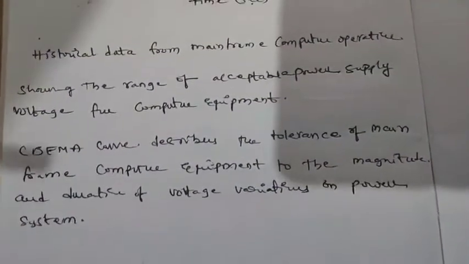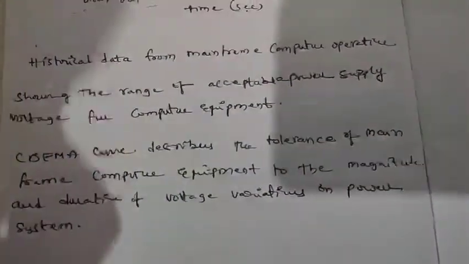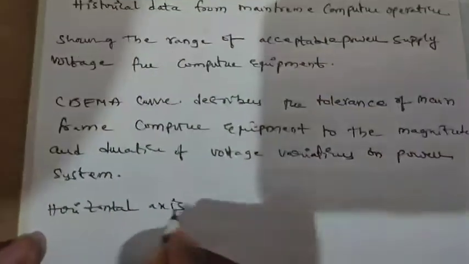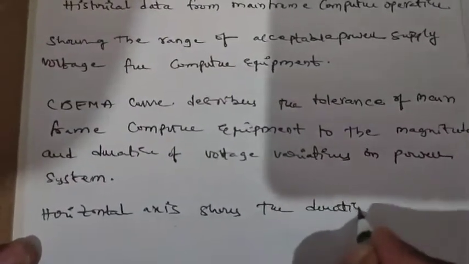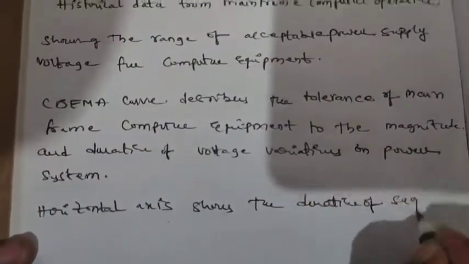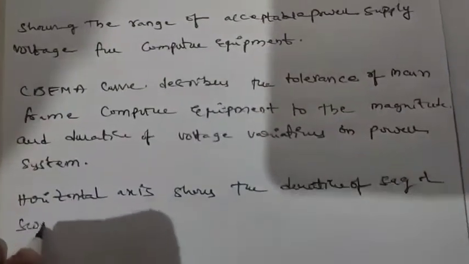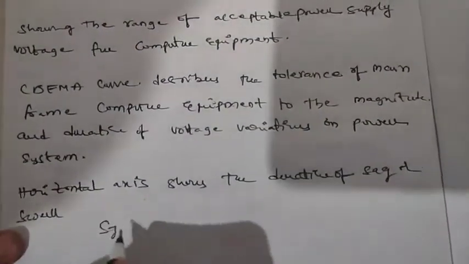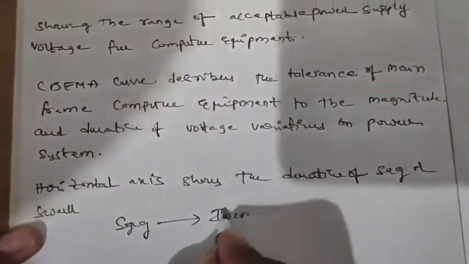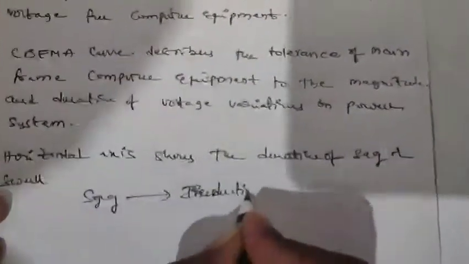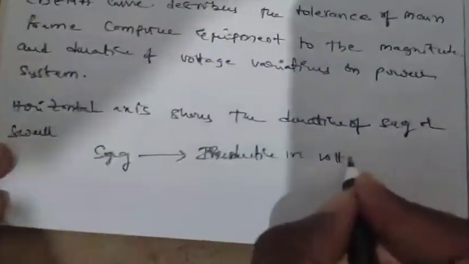The horizontal axis shows the duration of the sag or swell. Sag means reduction in voltage, that means under voltage.